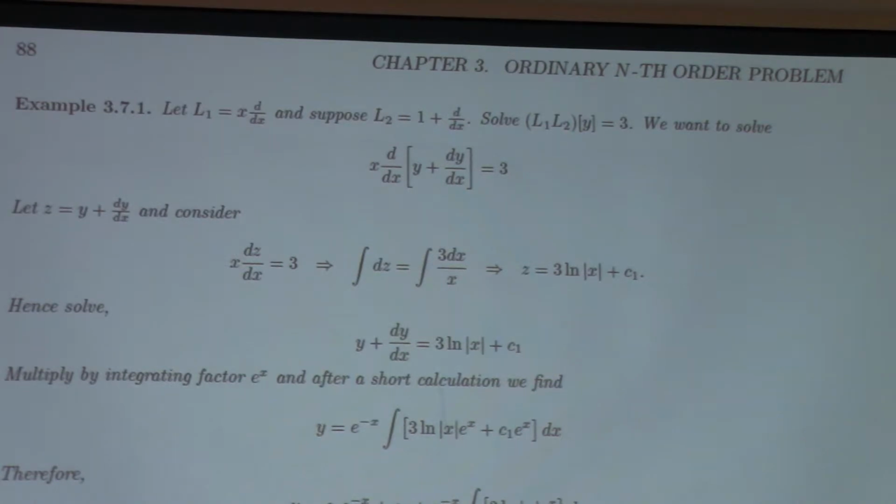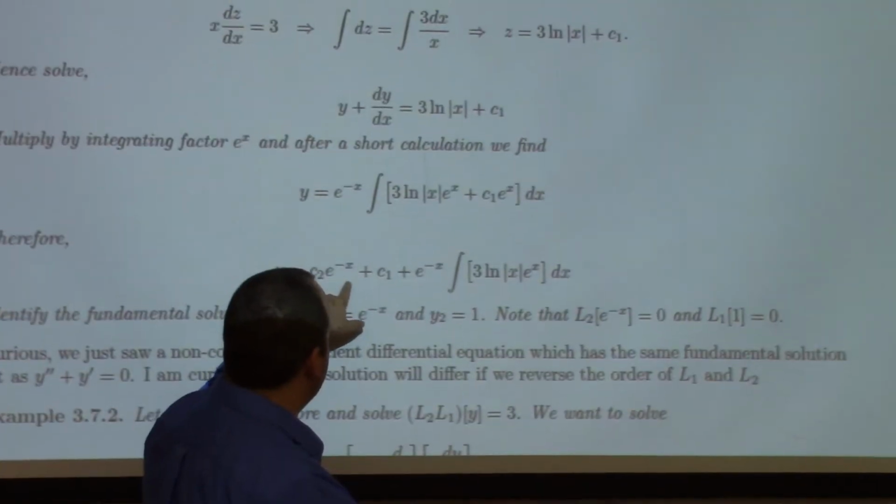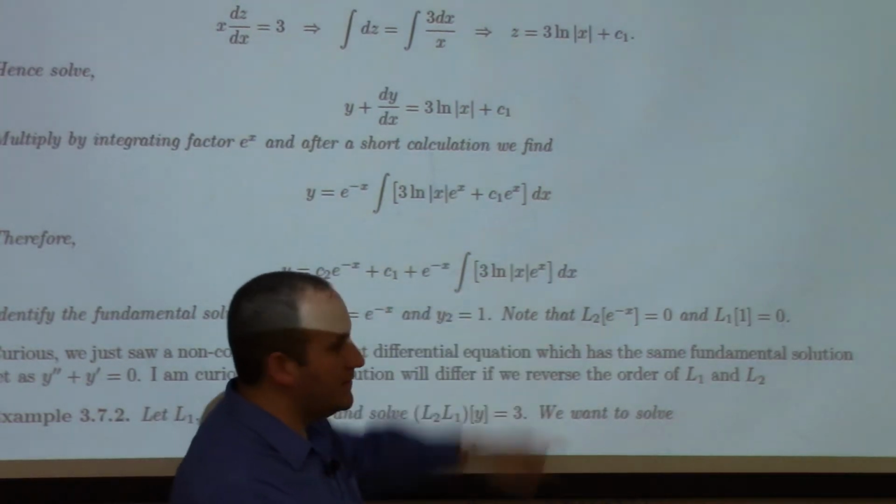L1 was x d/dx, so I have x dz/dx equals 3. Separate, integrate. That gives me z equals 3 natural log of x plus C1. Hence, I then need to solve y plus dy/dx equals that. I can do that by integrating factor, and I get this. And so then, in total, I get C2 e to the minus x plus C1 plus this term.